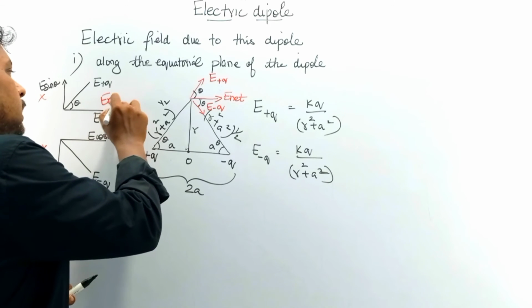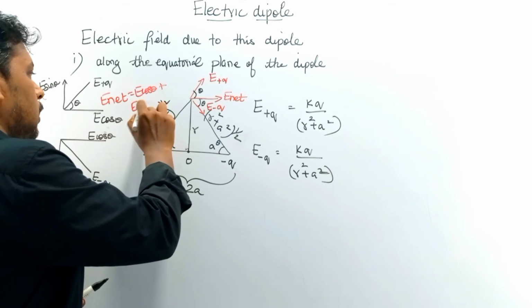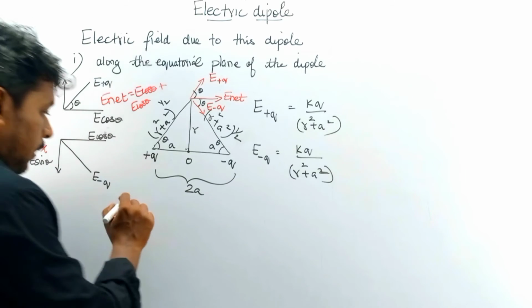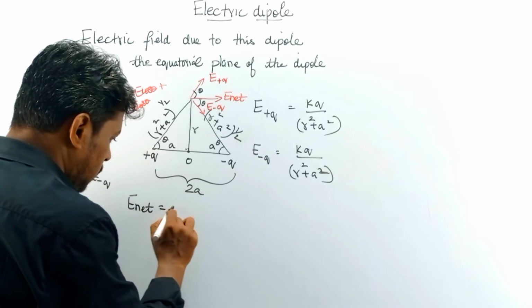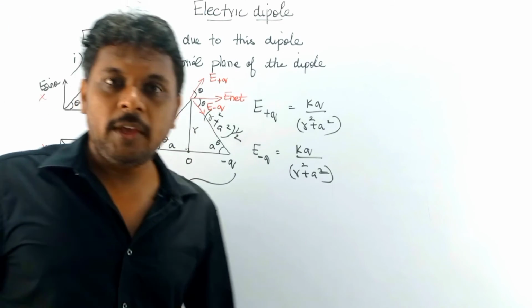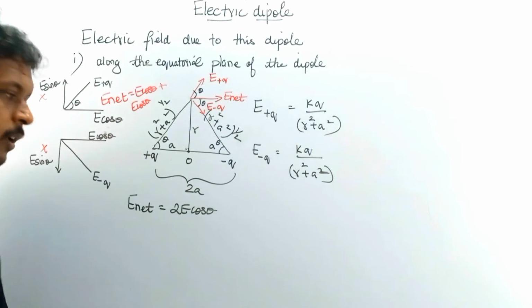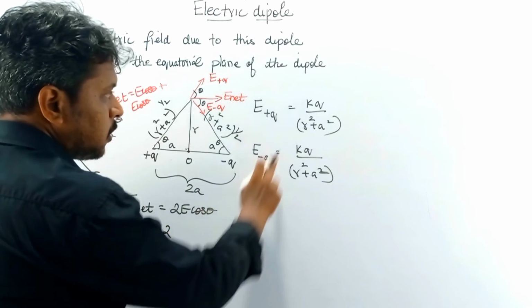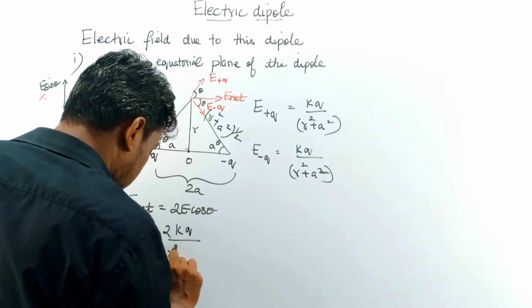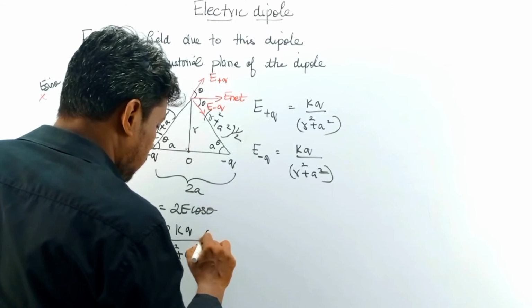So E net will be equal to 2E cos theta. Both have the same magnitude, so we can represent E as 2KQ by R square plus A square, times cos theta.